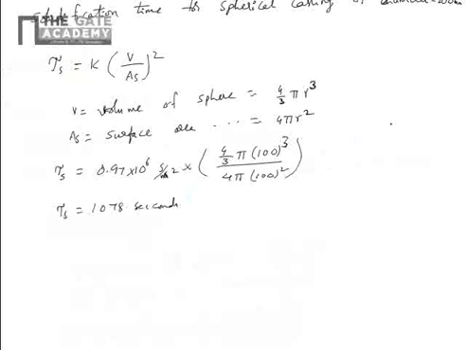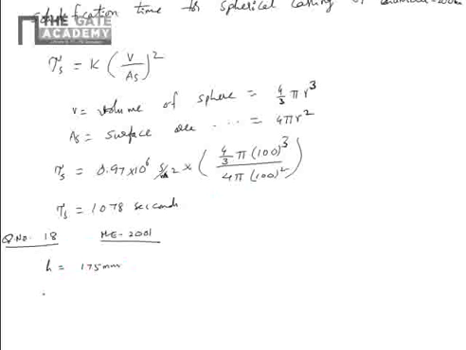Similarly, there is another question, question number 18, GATE 2001. Again a two marks question. The height of the down sprue is 175 mm. Cross sectional area at the base is 200 mm square.